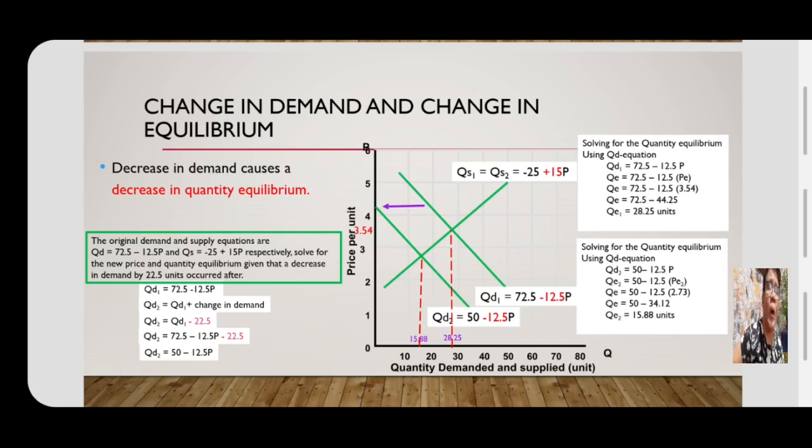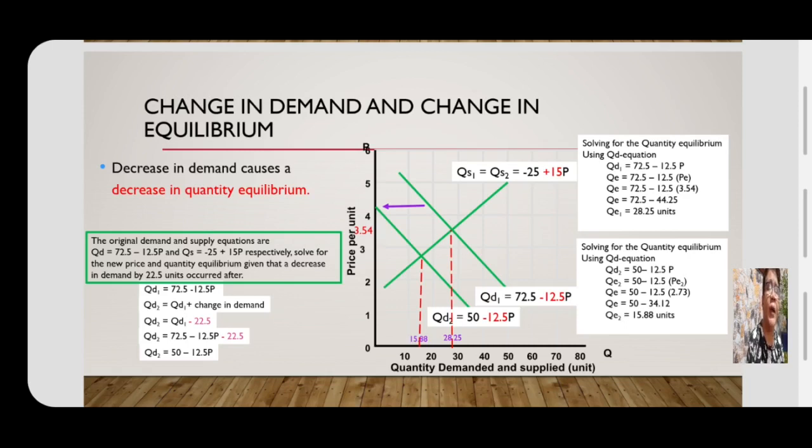Now for the new quantity equilibrium, as I have mentioned earlier, we will use the new demand equation as our reference. So we have the new demand equation of 50 minus 12.5P, and substituting the new price equilibrium of 2.73 to the P of this new demand equation, we now have QD is equal to 50 minus 12.5P times 2.73.